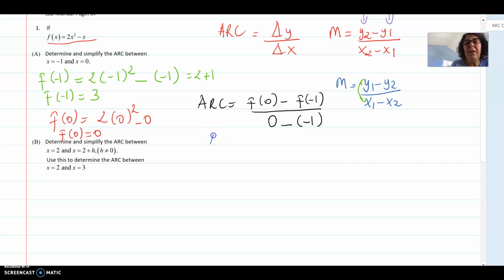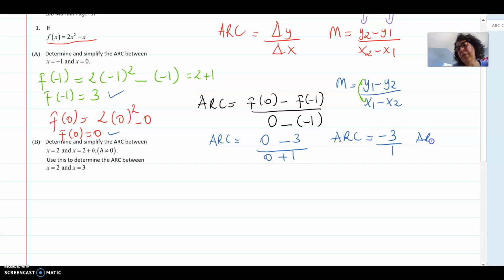So average rate of change is f of 0, which we figured out is 0, minus f of -1, which we figured out is 3, all over 0 plus 1. So for this question, average rate of change is equal to -3 over 1, which is -3.